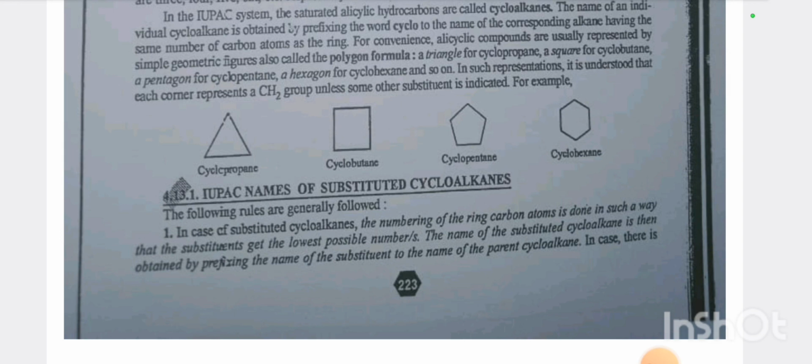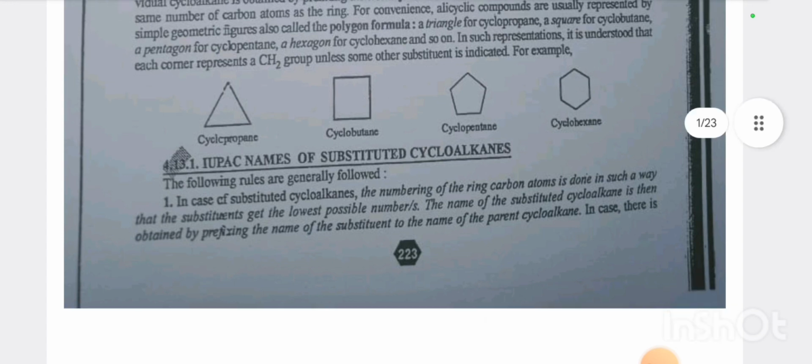For convenience, alicyclic compounds are usually represented by simple geometric figures, also called the polygon formula: a triangle for cyclopropane, a square for cyclobutane, a pentagon for cyclopentane, a hexagon for cyclohexane, and so on. In such representations, it is understood that each corner represents a CH2 group unless some other substituent is indicated. For example, cyclopropane, cyclobutane, cyclopentane, cyclohexane.